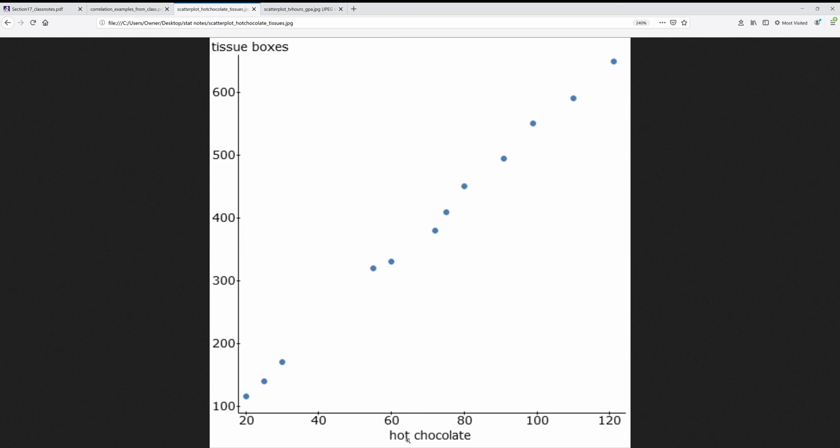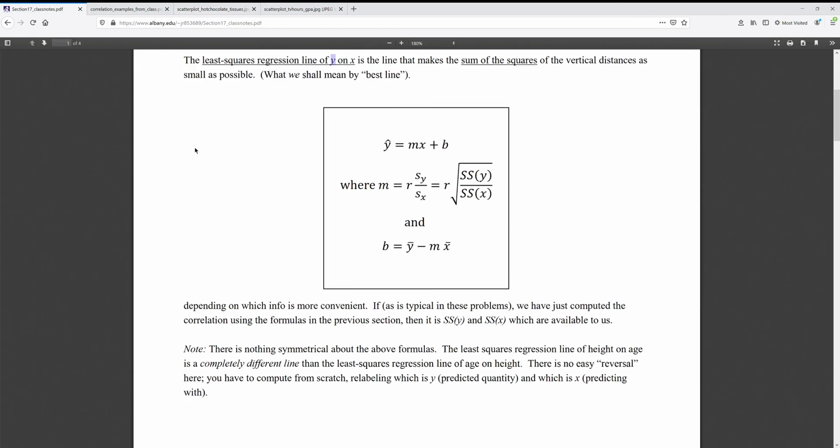If you want the least squares regression line of hot chocolates on tissue boxes, then call this one y and call this one x. In other words, it is easier to relabel the concepts than it is to turn the formulas inside out. Always stick to calling the thing you're predicting y and the thing you're predicting with x.